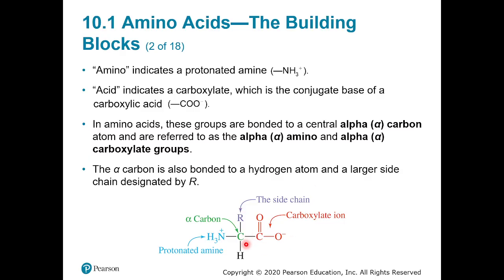What do we know about this alpha carbon? Is there something special about it? Got it. That's a chiral center, isn't it? It has 4 different things around it. And so you can have different chiralities of amino acids, R and S. The alpha carbon is bonded to that hydrogen atom right there, and the R designates the side chain.